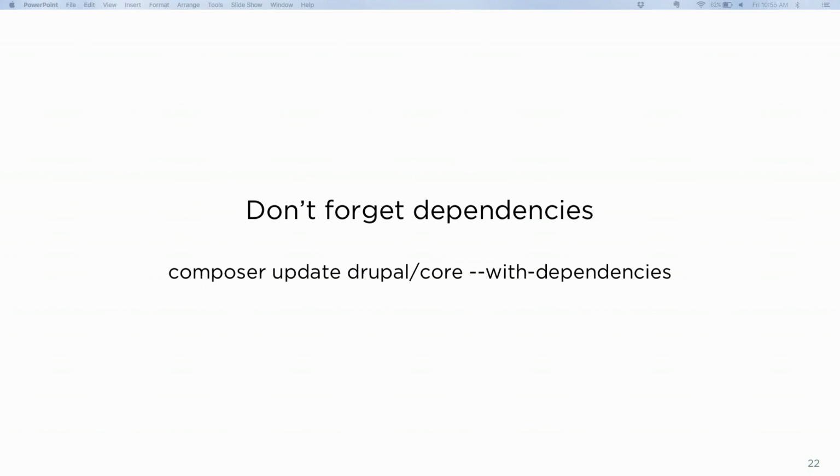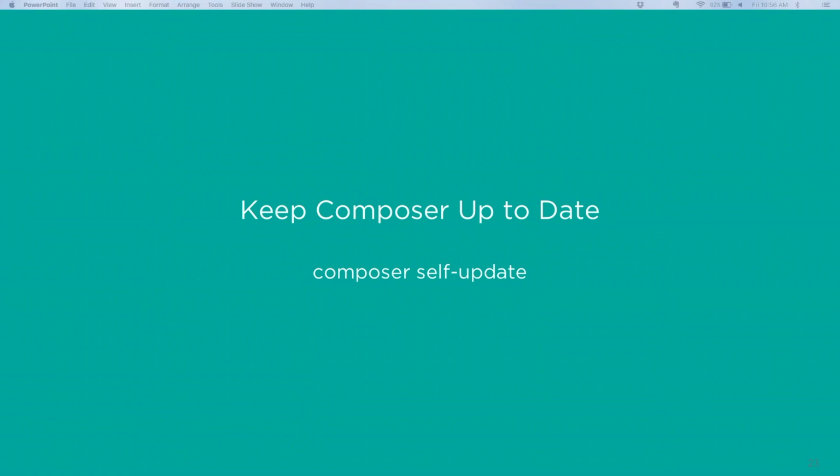Next one I've seen happen: keep composer up to date. Just like anything that it manages, you want to make sure that it itself is also up to date, because composer will add more CLI commands to do stuff for you. And if you don't keep it up to date, then you might not have access to those CLI commands.